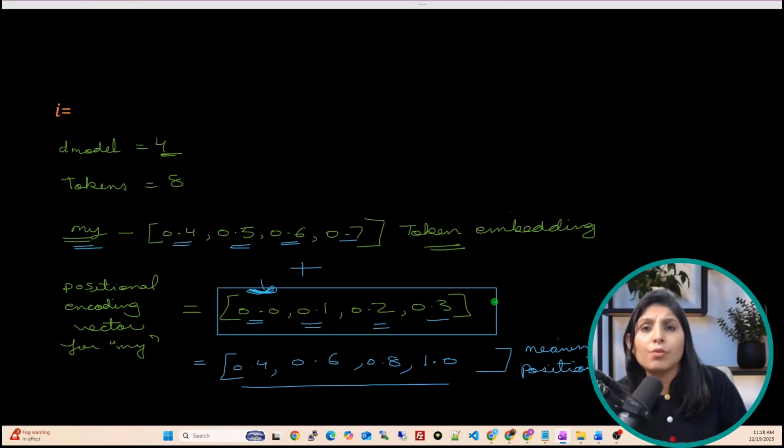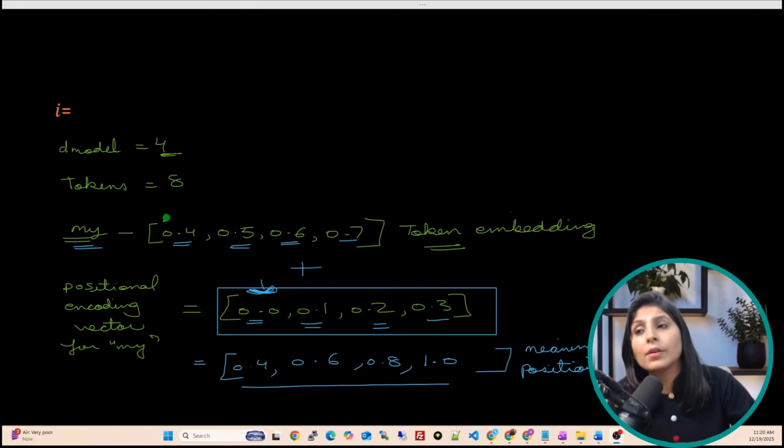Now the next question is why these values are fixed and not changing. These positional encoding vectors tell the position of the token. In our example, "My name is Aarohi and I love coding", the position of "my" is fixed. The position of "my" will always be position 1. So the positional encoding vector tells the model about the position of a token, and it never changes because the word order is fixed. That's why we create these vectors once and don't change them later.